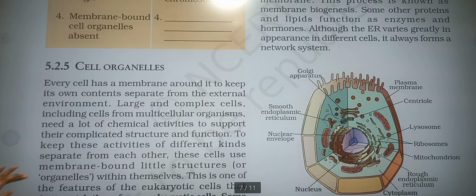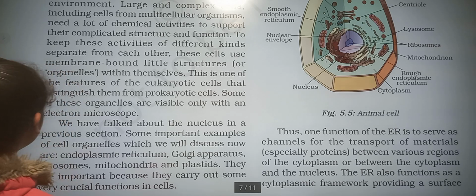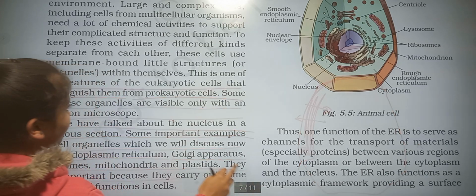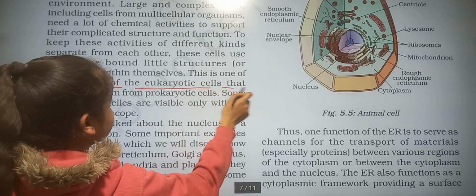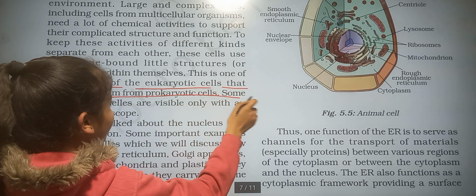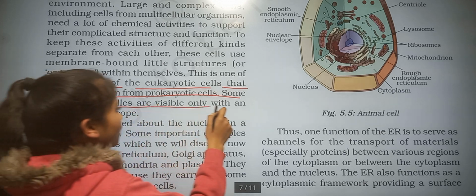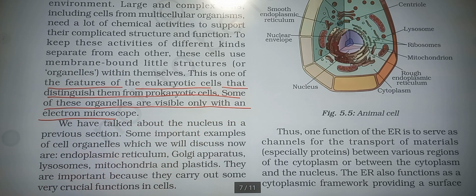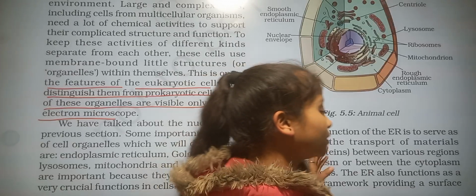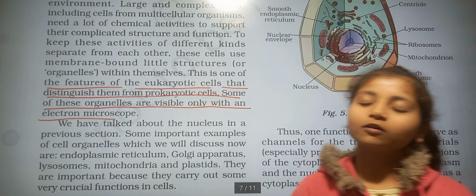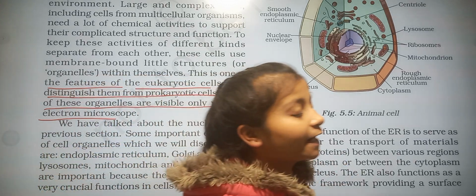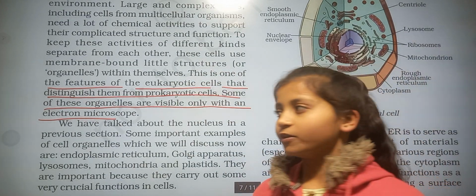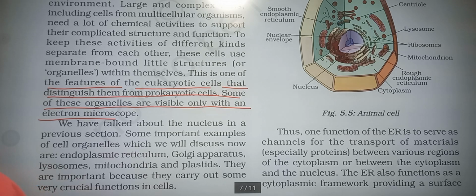This is one of the features of the eukaryotic cell that distinguishes it from prokaryotic cells. Some of these organelles are visible only with an electron microscope, which is more powerful than the normal microscope.